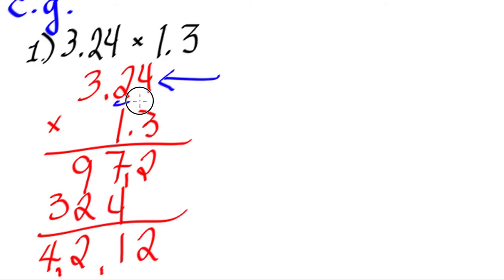We have 1, 2. How about here? We have 1. So overall, we have 2 here and 1 here. So we have 3 digits to the right of the decimal points of the factors. Meaning we will follow the same thing on the product.